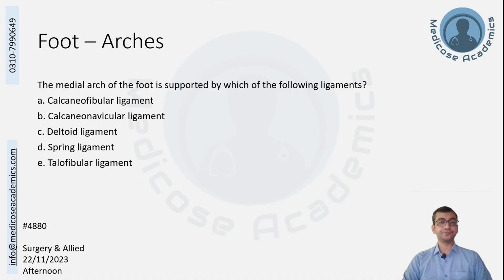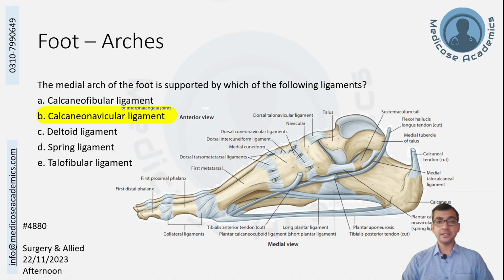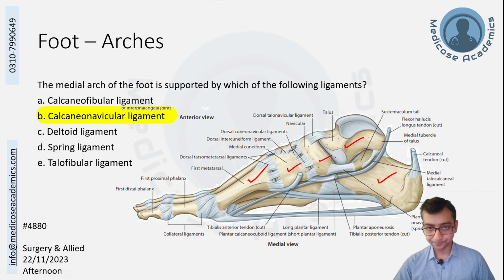The medial arch of the foot is supported by which of the following ligaments? If you follow the medial arch, medial arch will include the calcaneum bone, the talus, the navicular, the three cuneiforms, and then the three metatarsals.